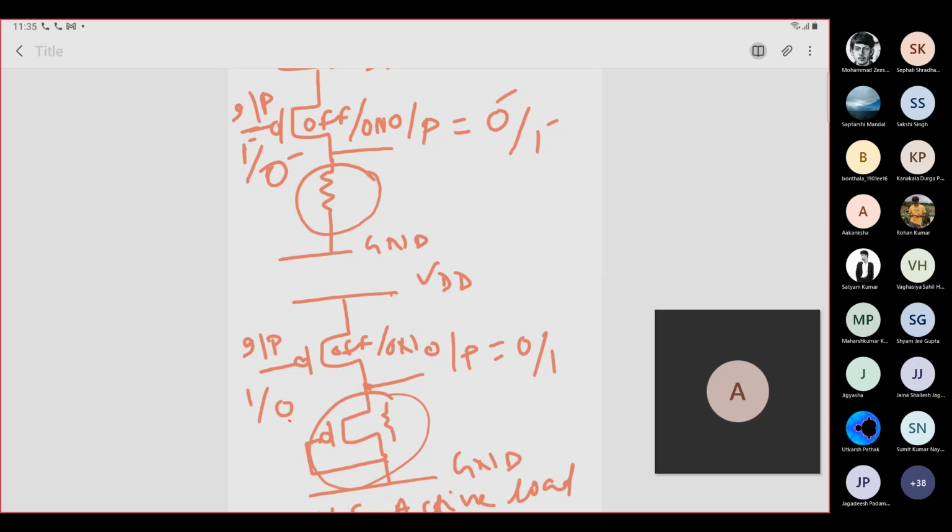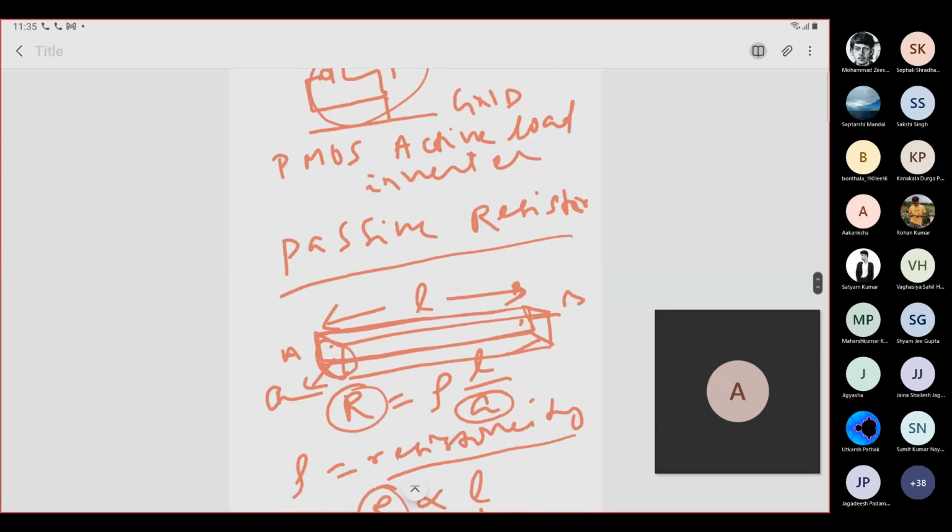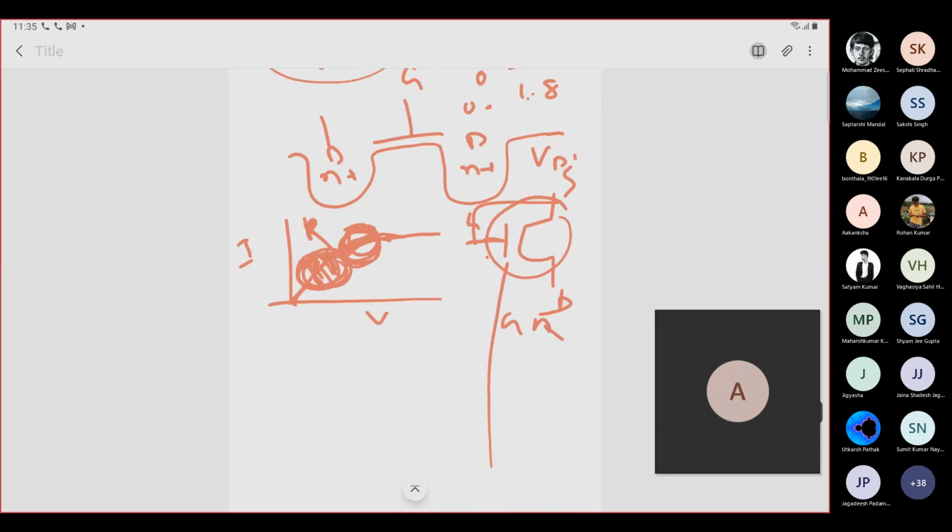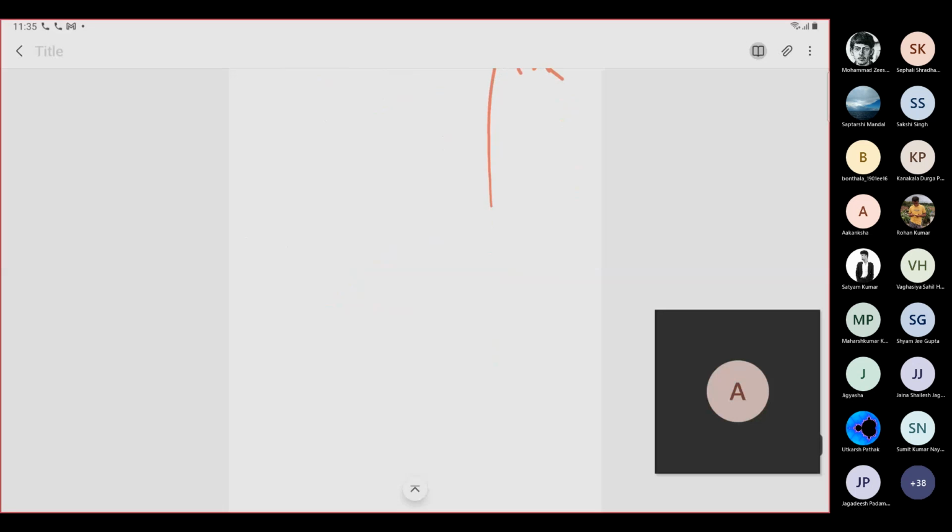Either it is an NMOS inverter or a PMOS inverter, with an active load or passive load, in all cases there will be continuous leakage power consumption. But to minimize this leakage power, or static power, there is a device you can use, the inverter you can use, that is called your CMOS inverter.